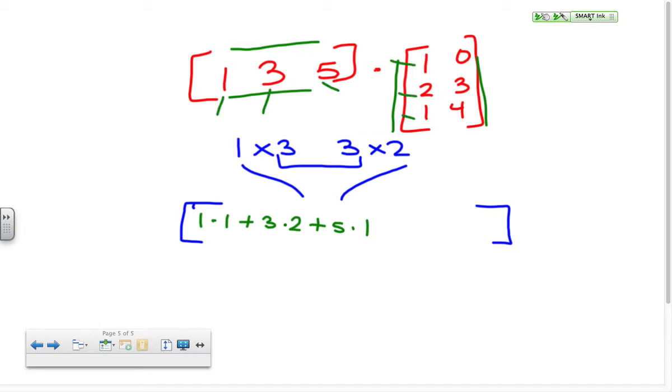Then for my second one, I'm going to use the same row: 1 times 0 plus 3 times 3 plus 5 times 4. So my answers, if I were to add these up, are 1 plus 6 plus 5 is going to give me 12. 0 plus 9 plus 20 is going to give me 29.